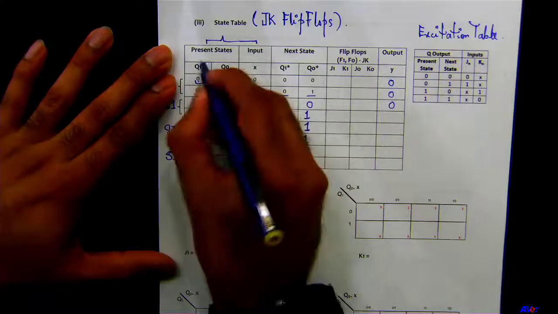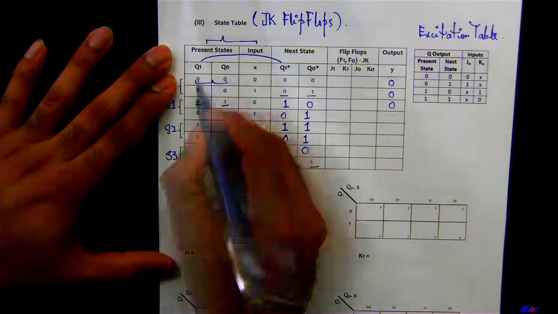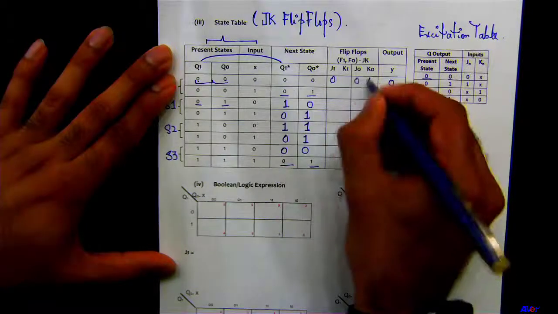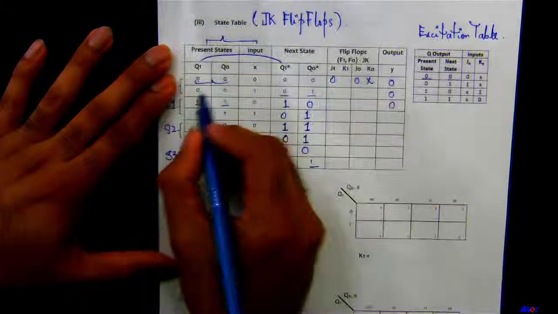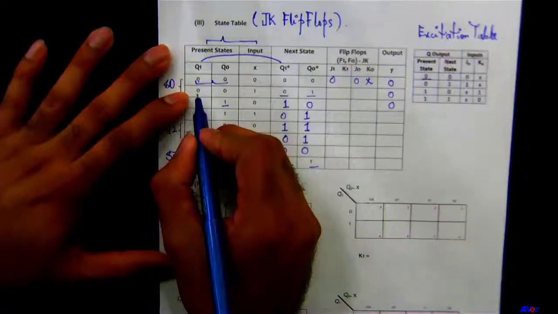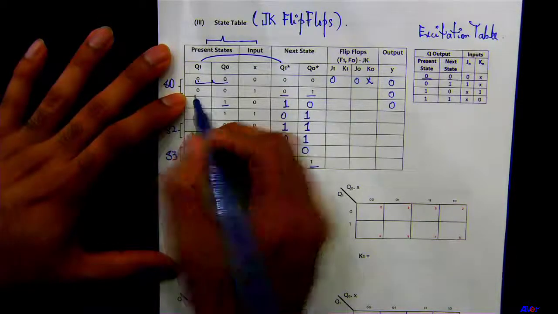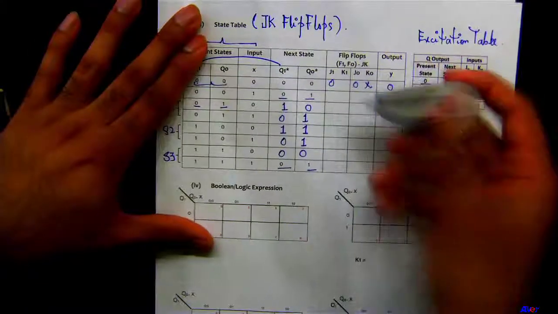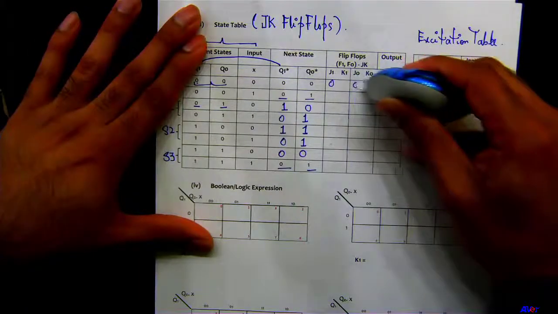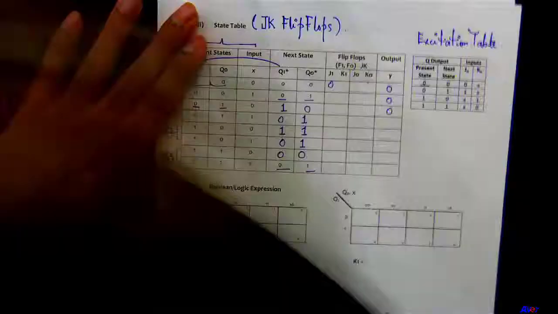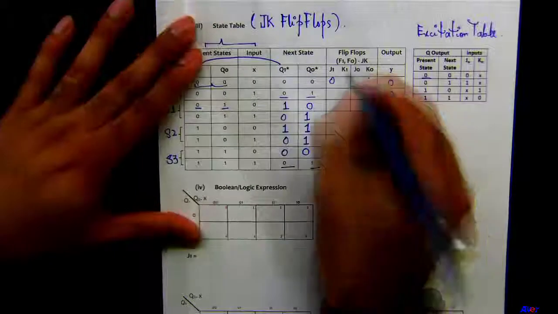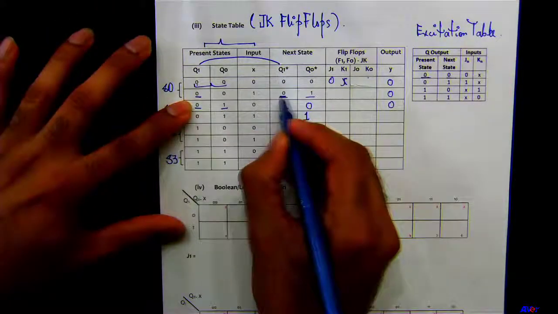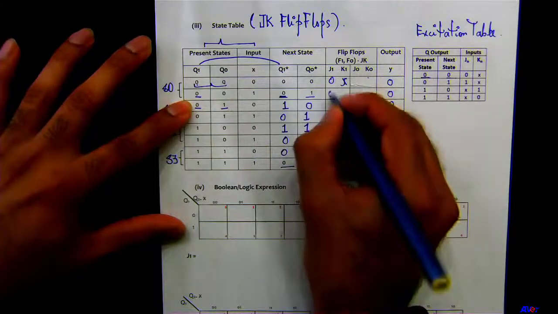So you're looking at Q1 and Q1 asterisk. 0, 0 gets you 0, don't care. Then 0 and 0 will give you 0, don't care again.